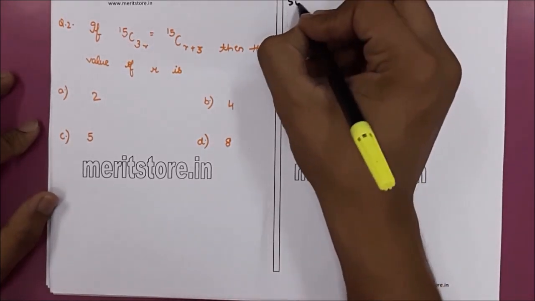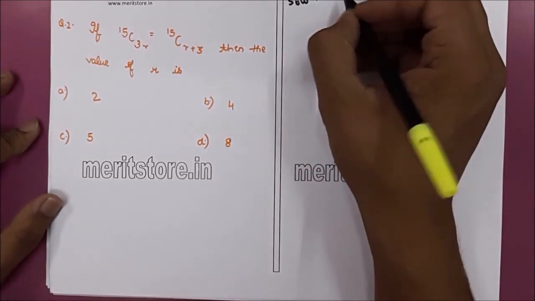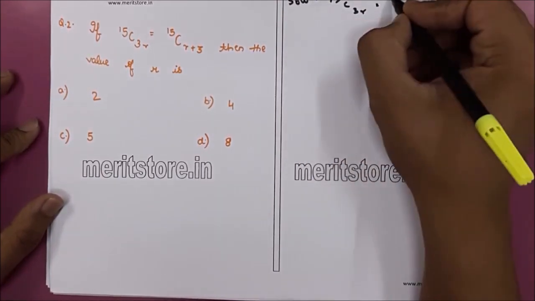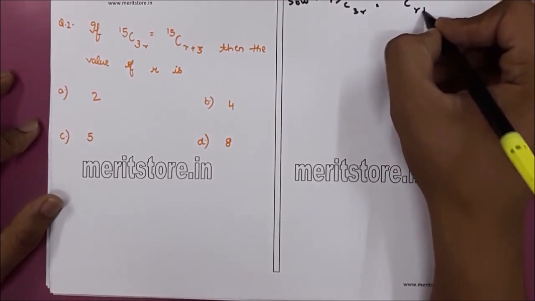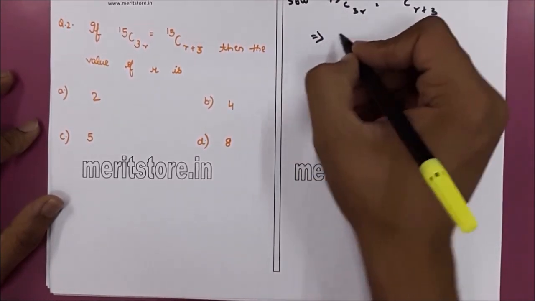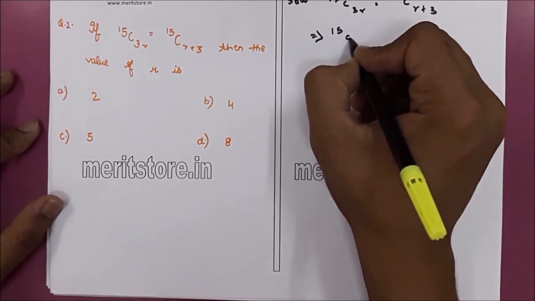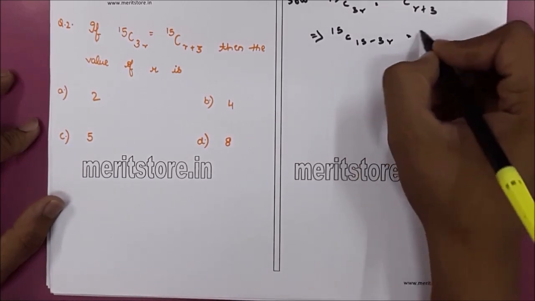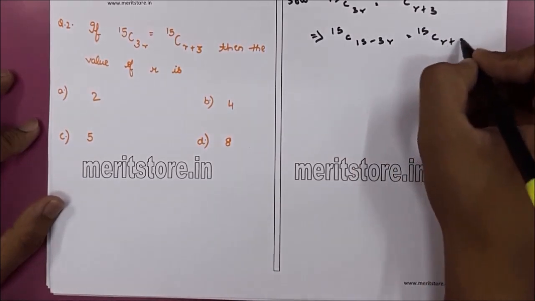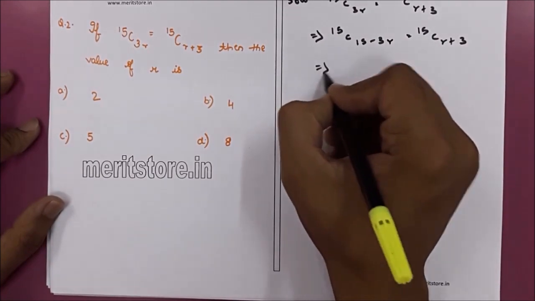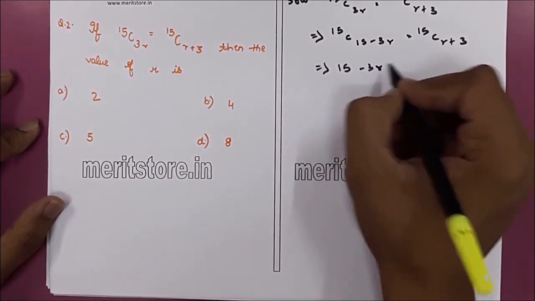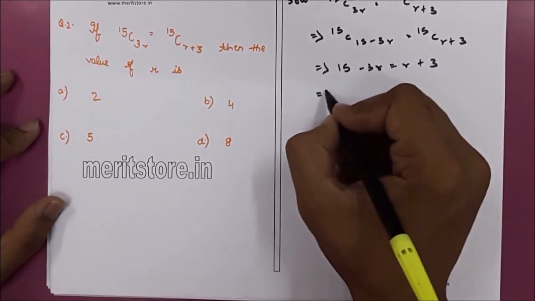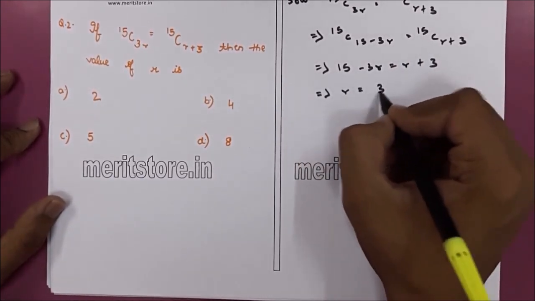Therefore, the solution is: 15C3R is equal to 15C(R+3). Therefore, 3R is equal to R plus 3, that is R is equal to 3.